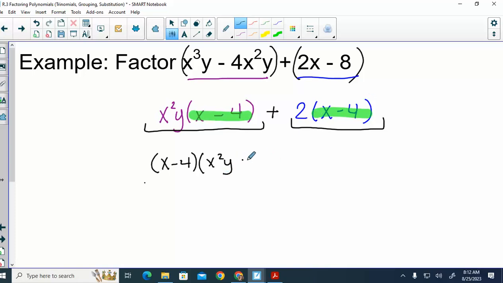In the second term, if we take out the x minus 4, we have a 2. And that's the final answer. Does everybody see how we got there? Let's try some more like that.